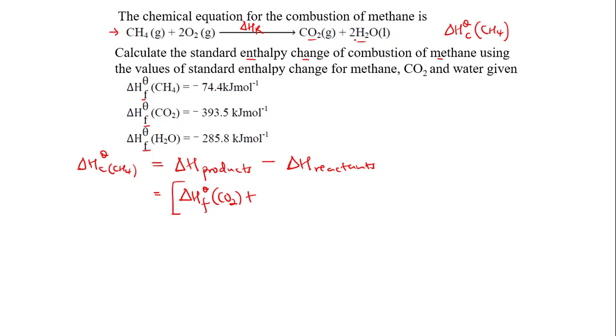However, we have 2 moles of water, so we shall have to consider 2 times the standard enthalpy of formation of water, minus the enthalpy of the reactants. We have methane, the enthalpy of formation of methane, plus twice the enthalpy of formation of our oxygen.